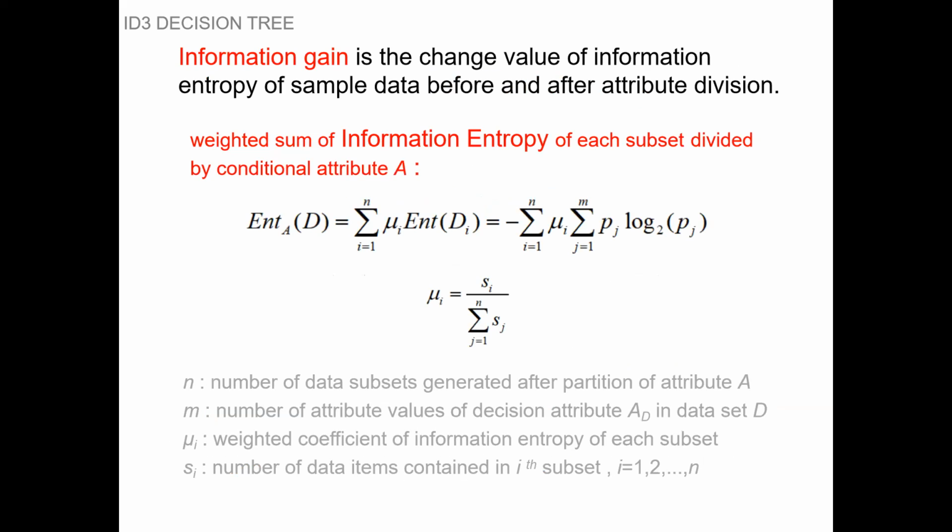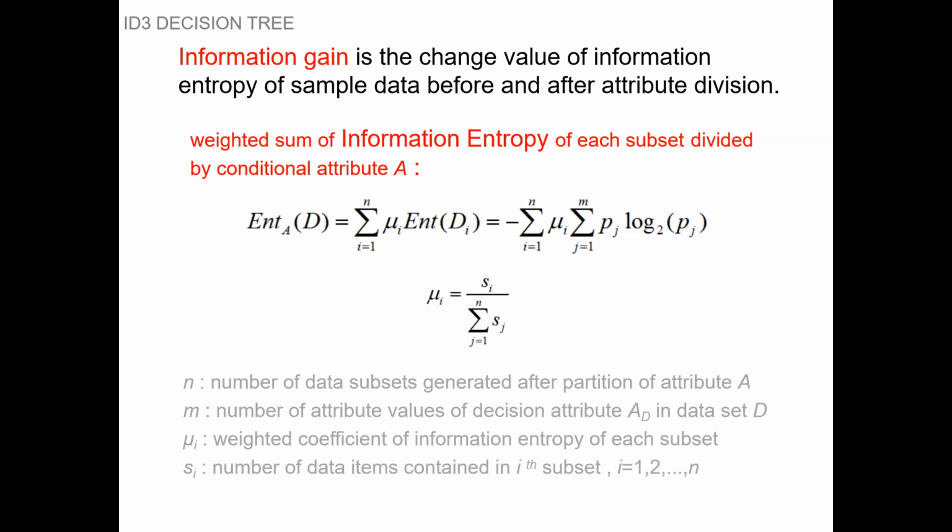Assume that Int_AD is the weighted sum of information entropy of each subset divided by conditional attribute A. Suppose n data subsets are generated after the partition of conditional attribute A, and the number of data items contained in each subset is S1, S2 until Sn, and the definition of Int_AD is given in the following formula.